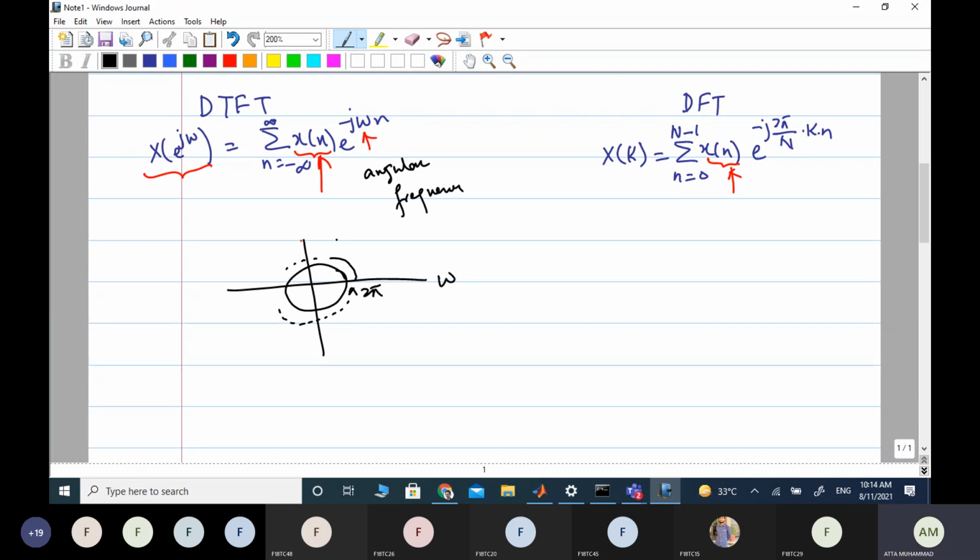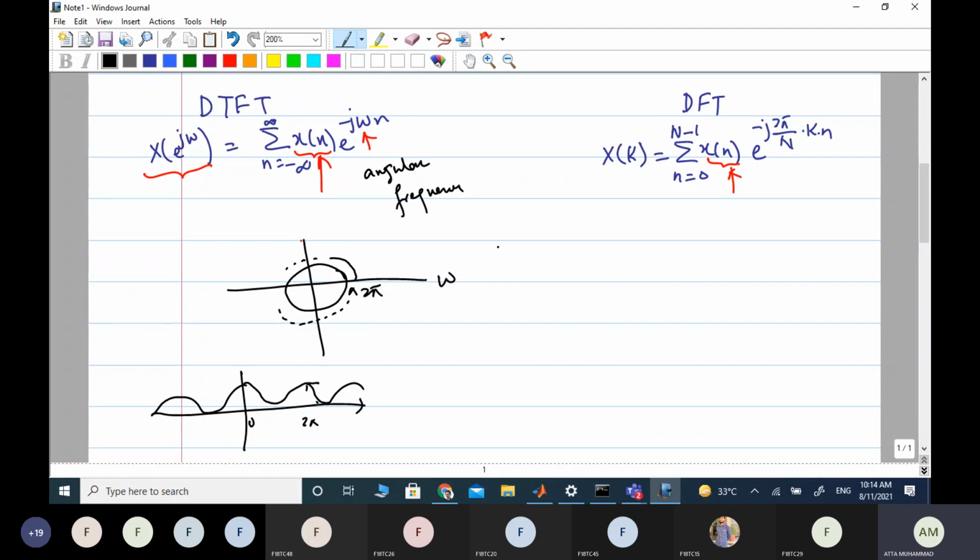We saw that whatever the frequency of a signal is, it is always normalized to 2 pi, right? And we saw that the spectrum for DTFT is always periodic with respect to 2 pi, right? After 2 pi, it is going to repeat its pattern, right?